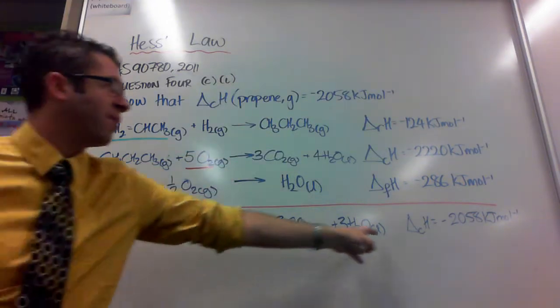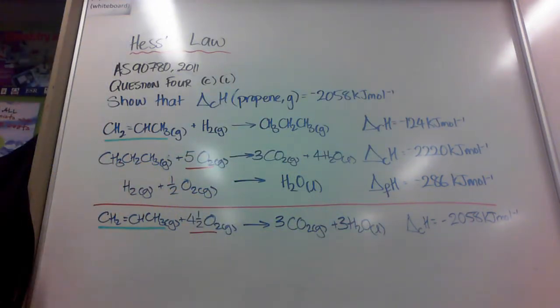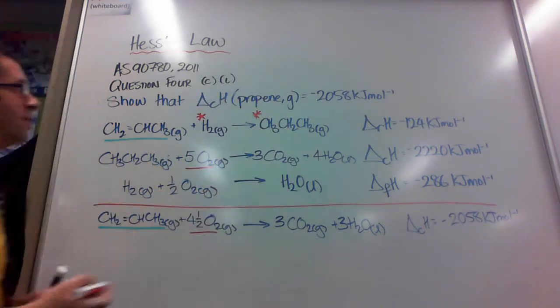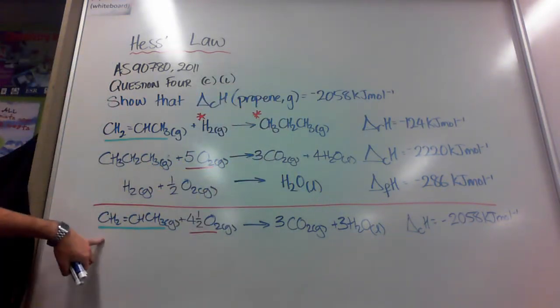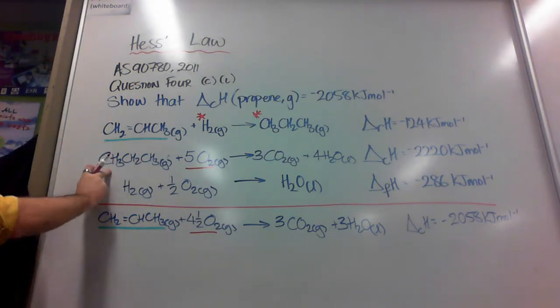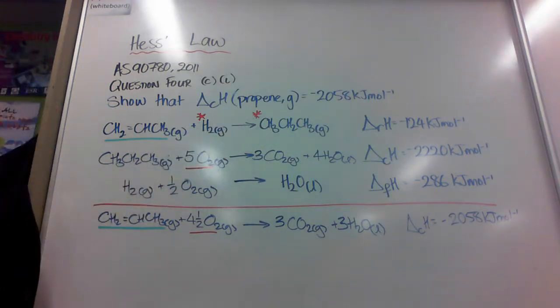Propane's nowhere in my final equation. So I need to get rid of this and this if I'm going to copy that equation in. If I also copy that equation in, I now have propane on both sides. Well, if it's a product and a reagent, then it doesn't need to be in the equation if they're in the same number of moles.